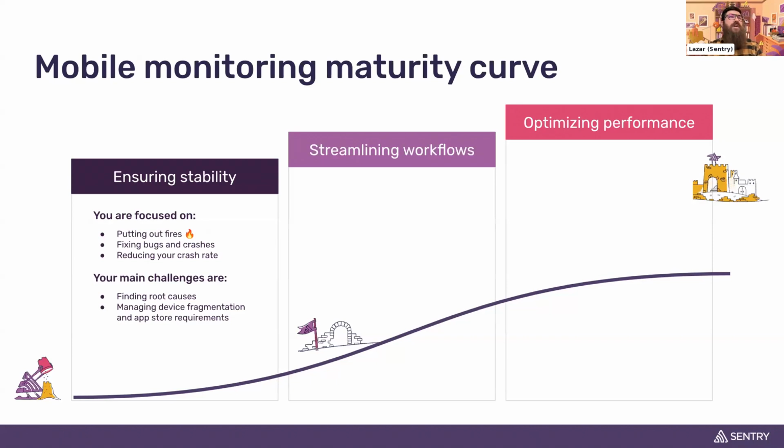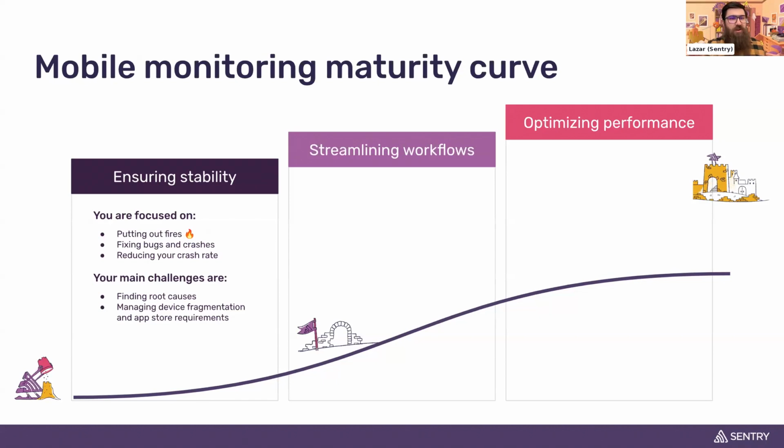You're putting out fires, you're fixing bugs and crashes, and your goal is to reduce your crash rate as much as possible. And your challenges in this phase are finding the root causes of your issues and also managing device fragmentation and app store requirements.